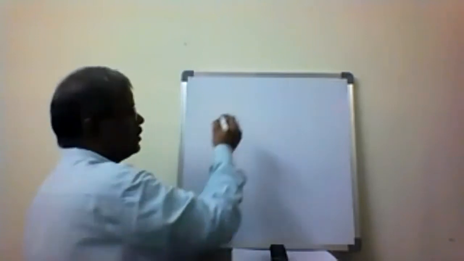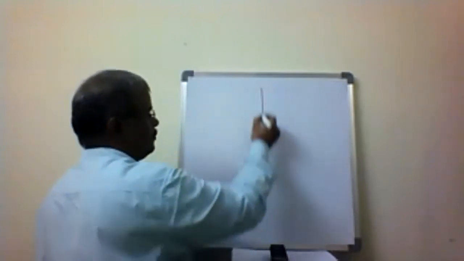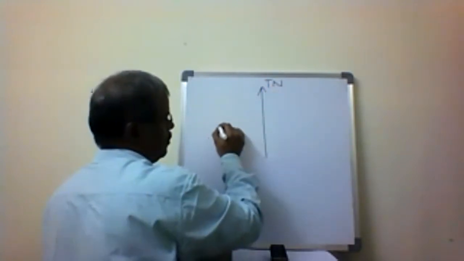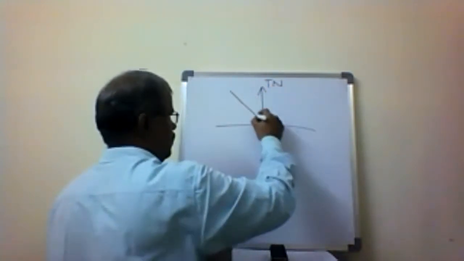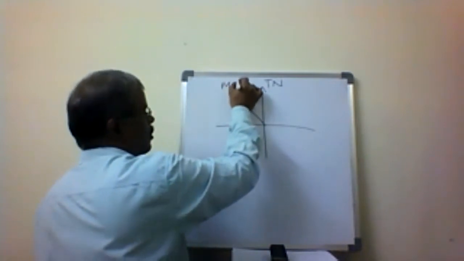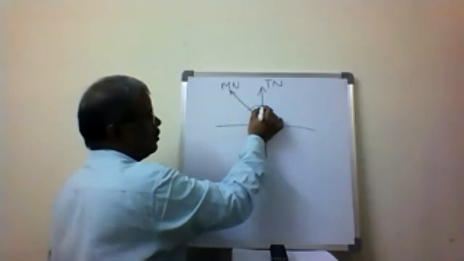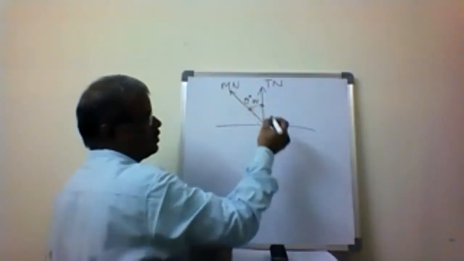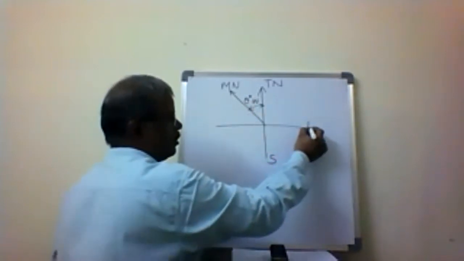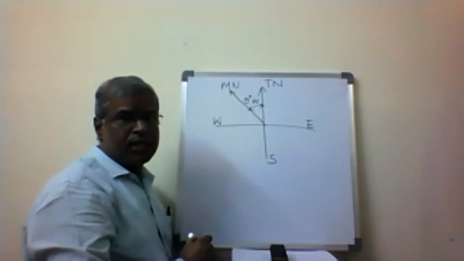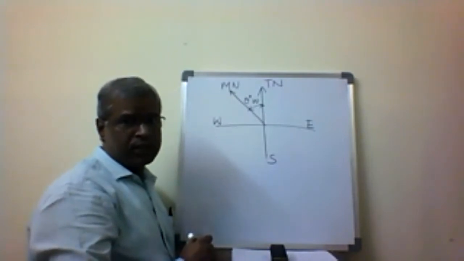Now the second case. This is true north and magnetic north, with the declination theta degrees west, in the westward direction.